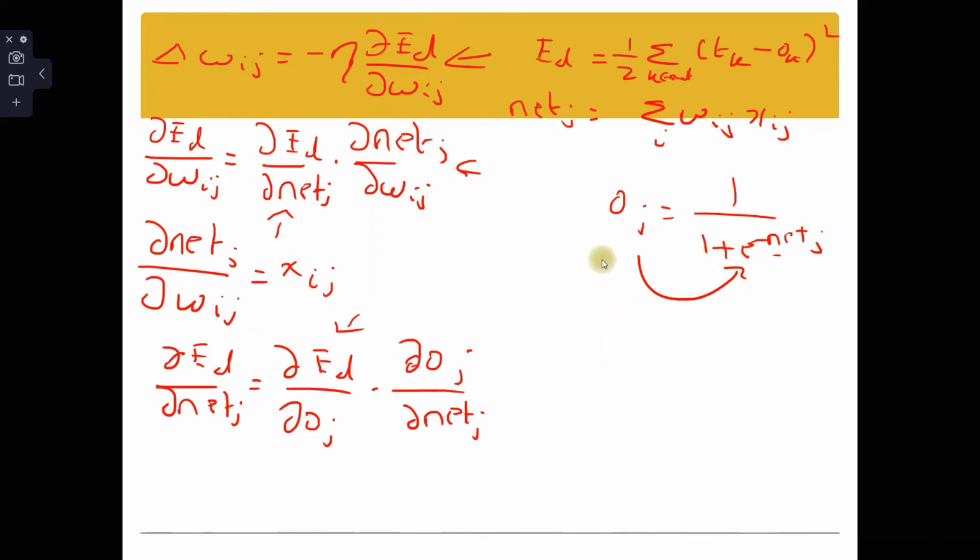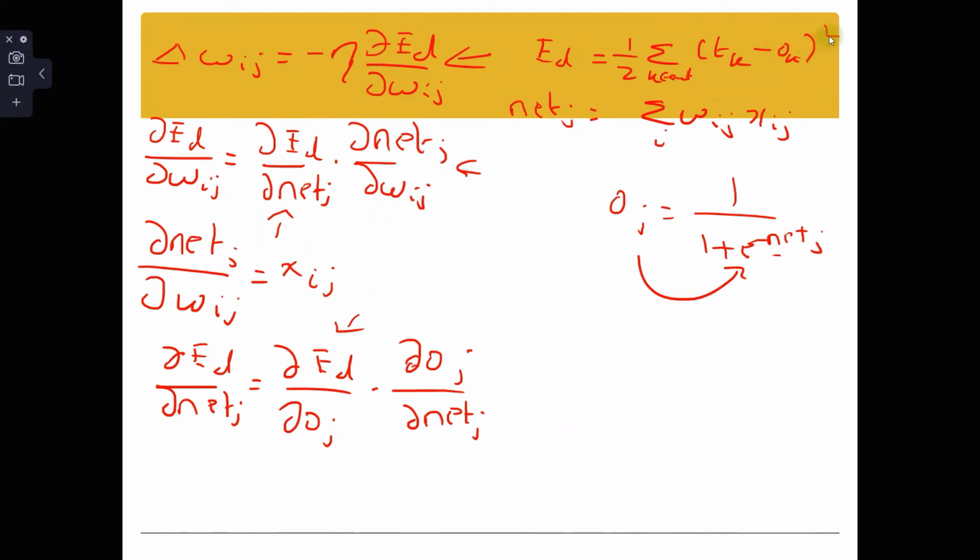If you want del Ed by del oj, it's very simple. You have 1 upon 2, and then the sum of k belonging to the output, tk minus ok, squared. So you want to differentiate that term, taking k to be representing j here. So you have half of the sum of tj minus oj squared.